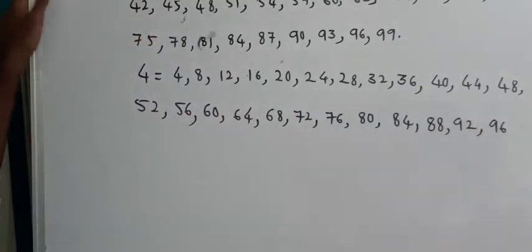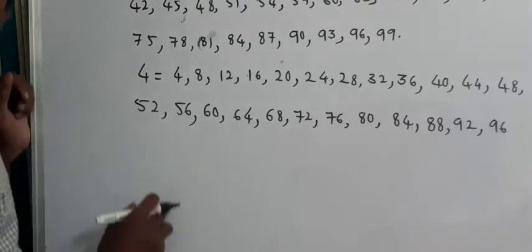We cannot write 100 because they asked us to write the numbers which are less than 100. Now, what are the common multiples here?